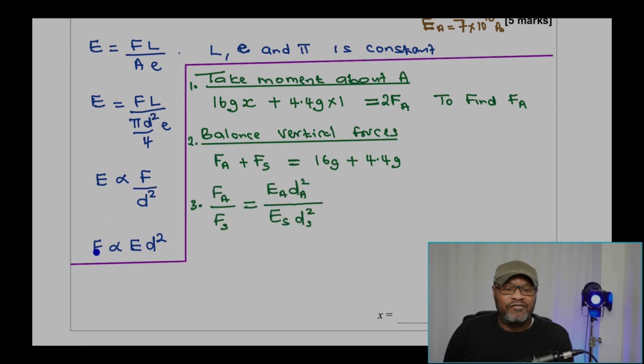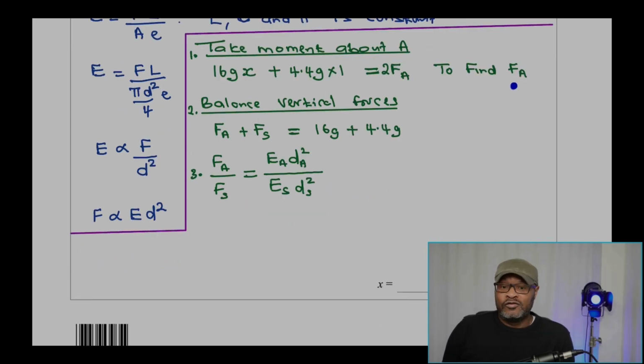So we have FA equals EA dA squared, and FS, that's for steel, equals ES dS squared. So we can divide one over the other. So FA over FS will be equal to EA times dA squared over ES times dS squared, because they are ratios, one for steel and one for aluminium. So we're going to use all these to find x.